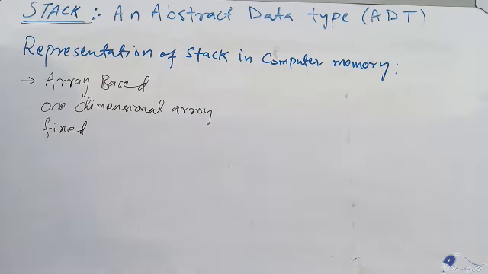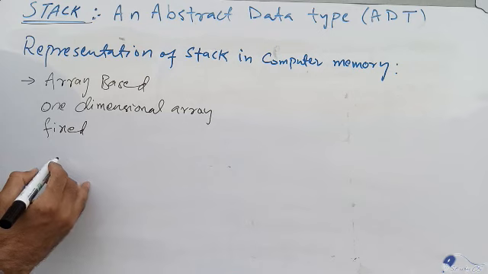As we know, an array is a static structure where the number of elements is fixed. For example, if you want to store 10 integer items in the stack, then you need to define an array of length 10, and the type of the array must be integer.